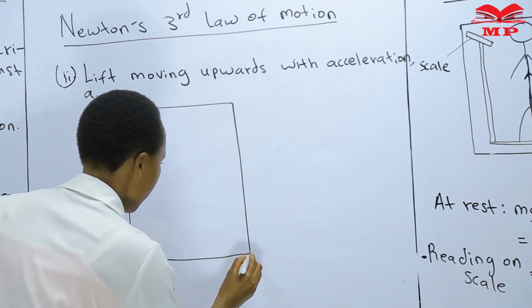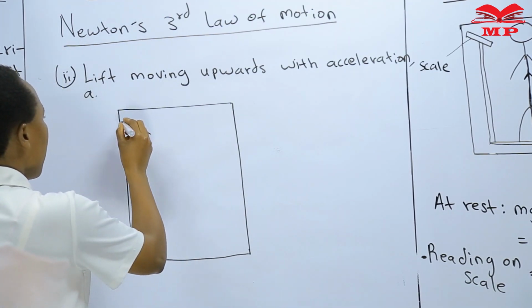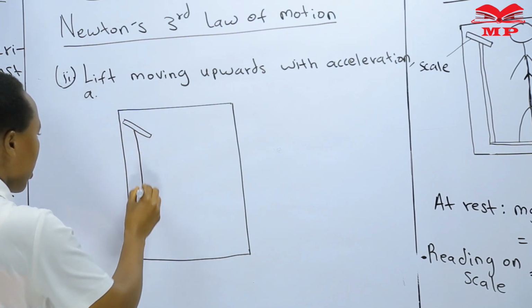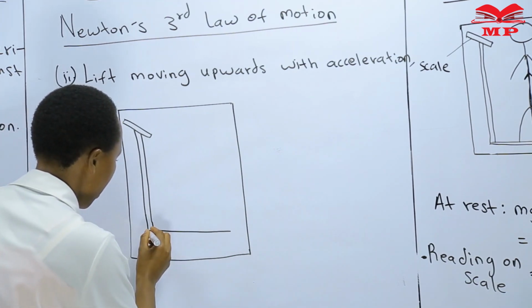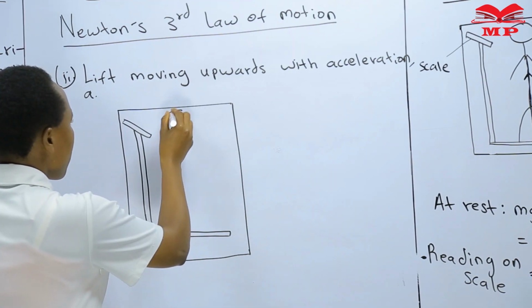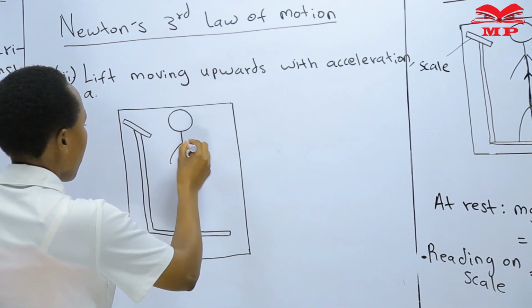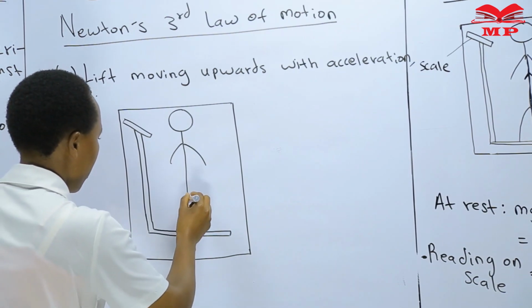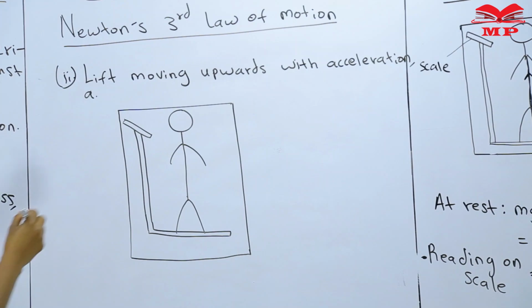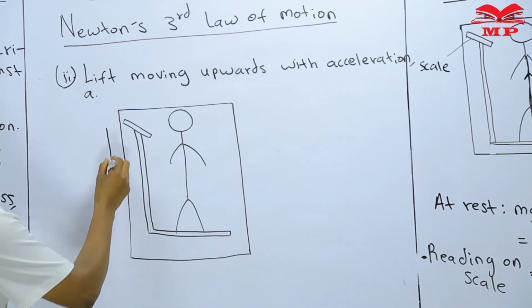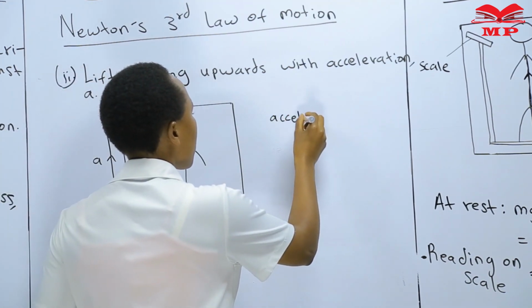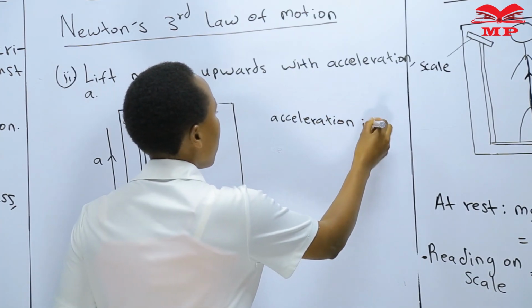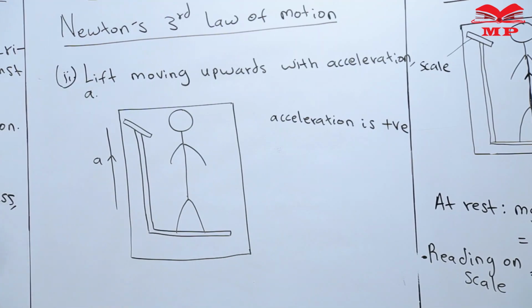We have the scale here, and the passenger who is using this lift. It is moving upwards with an acceleration a, so in our case the acceleration is positive. Now we want to get the reading on the scale.